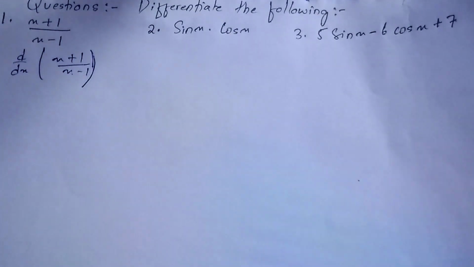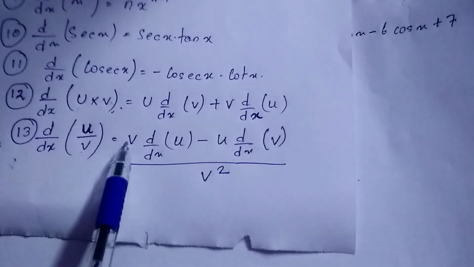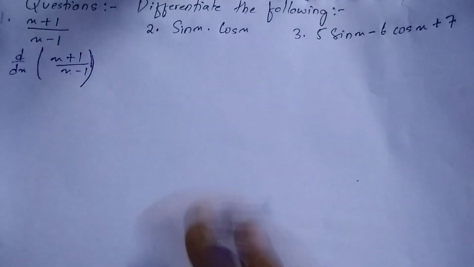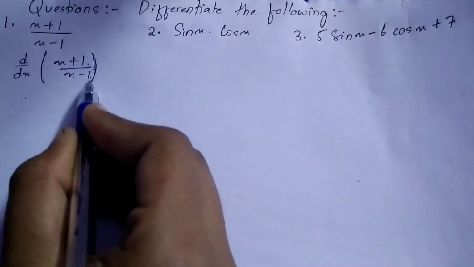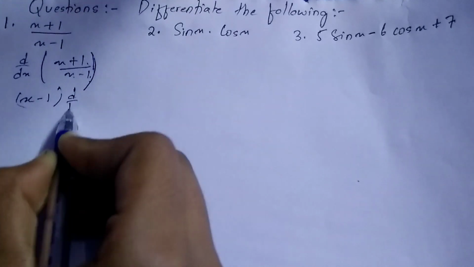The formula for u by v is v d/dx of u minus u d/dx of v, divided by v square. I am using this formula here. v is x minus 1, so this will come in front: x minus 1 times d/dx of u.